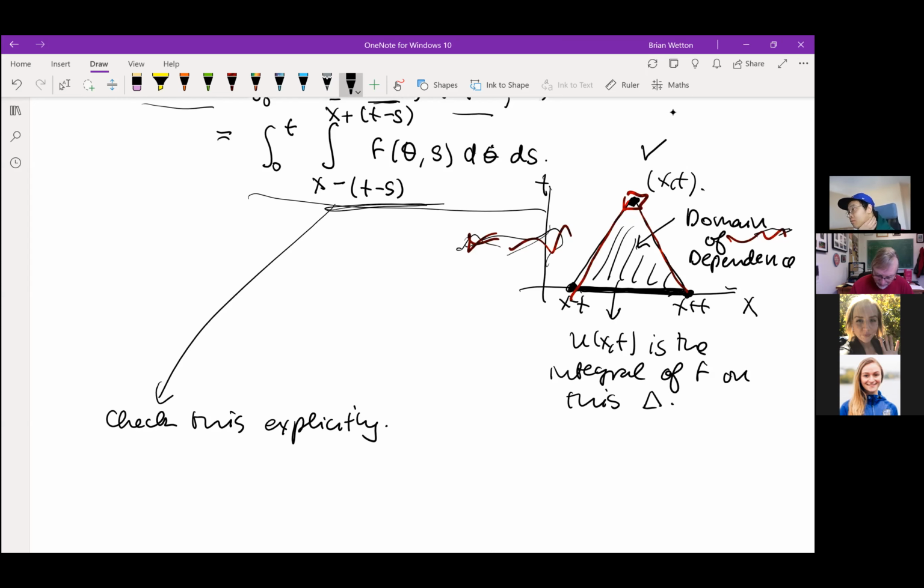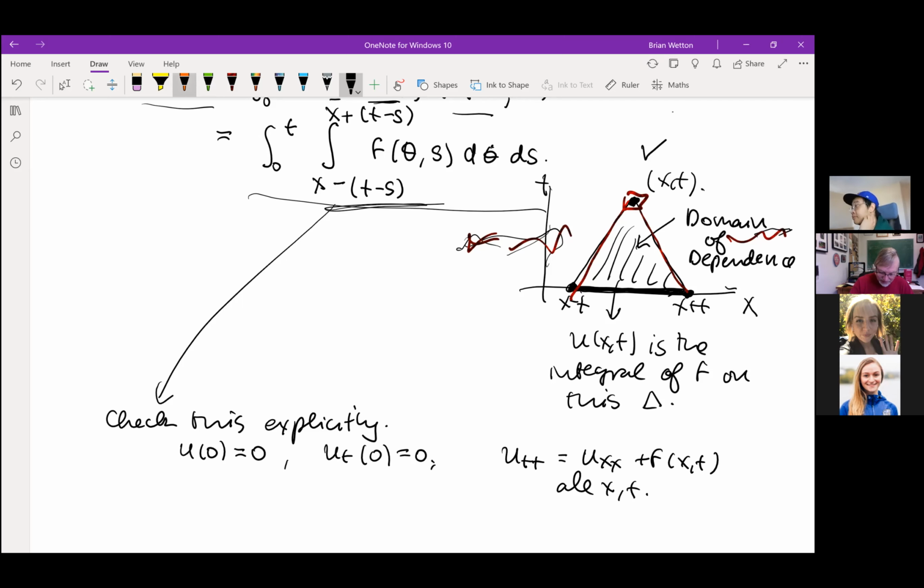So when I say check this, I should get u of 0 is 0, u_t at time 0 should be 0, and I should get u_tt equal to u_xx plus f of x and t at all x and t.